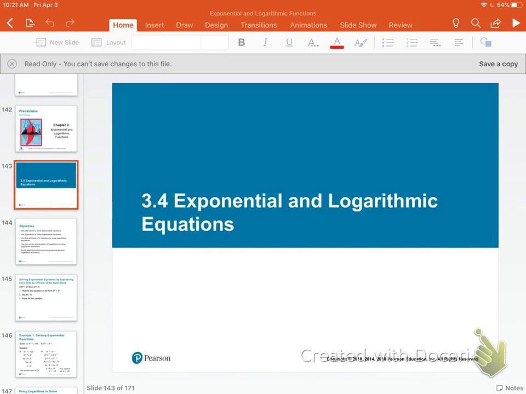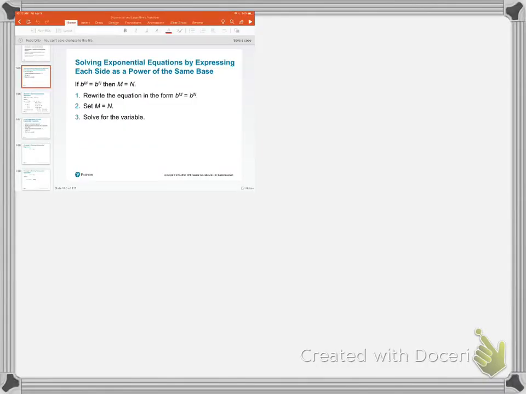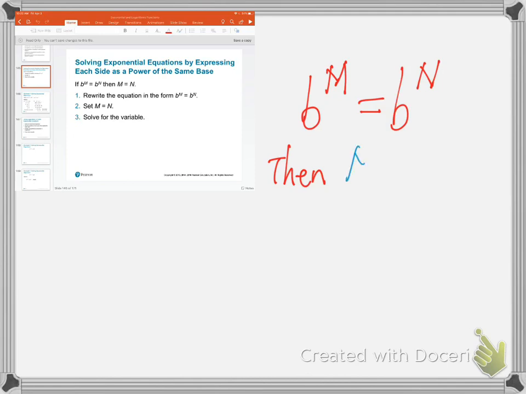Section 3.4 is exponential and logarithmic equations. We will solve some equations by using all the properties. So first, let's look at exponential equations. What's this property? If you have the same base b, and b to the mth power is equal to b to the nth power, then we have the same exponent, so m has to be equal to n.